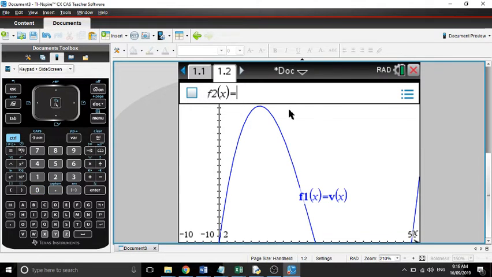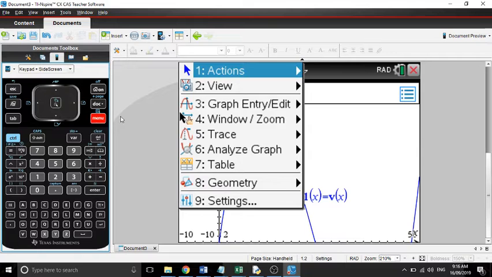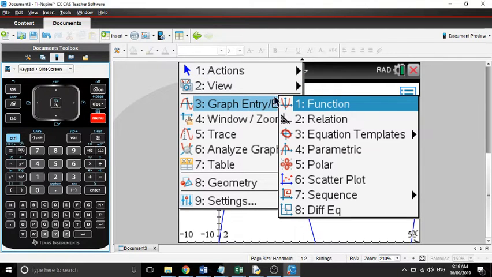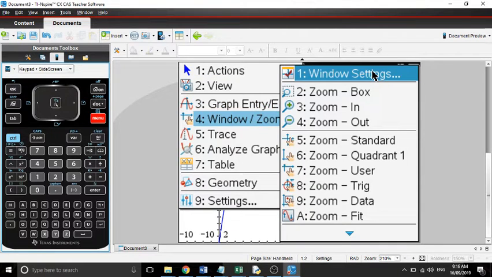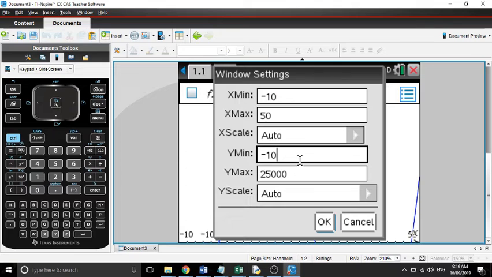Alright, so there's my graph. I'm going to change the bottom as well. Rather than going to -10, I'm going to go -1,000.